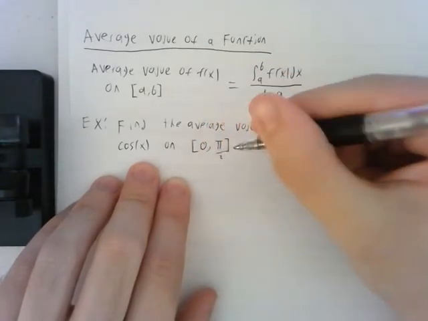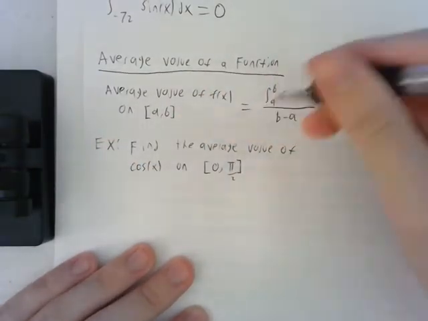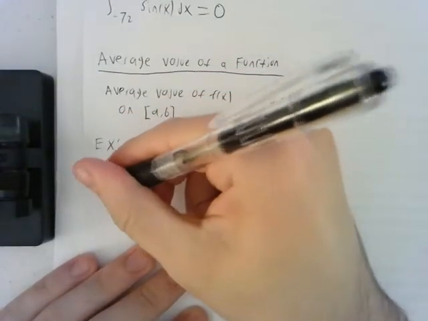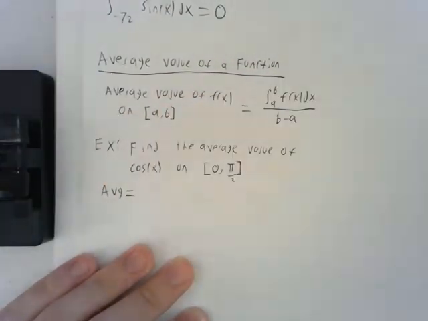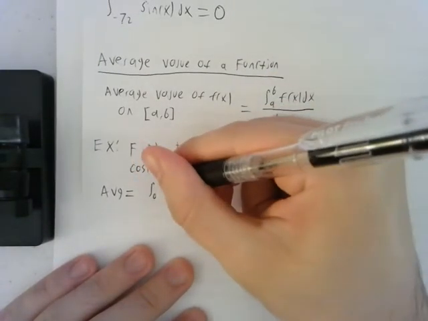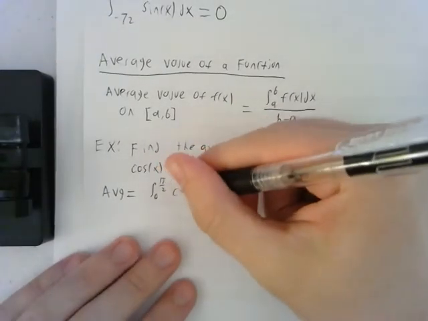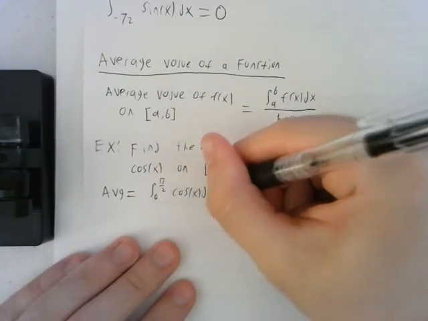Okay, so by our formula, the average value of this function is going to be equal to the integral from 0 to pi over 2 of cosine of x dx divided by pi over 2 minus 0.